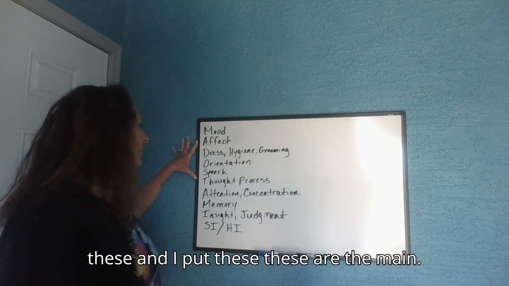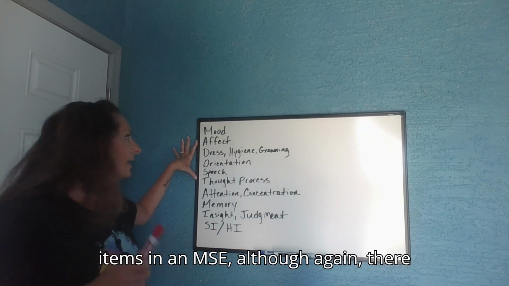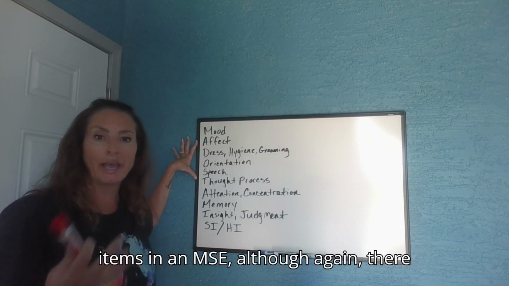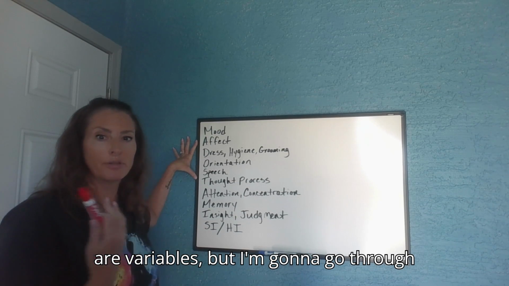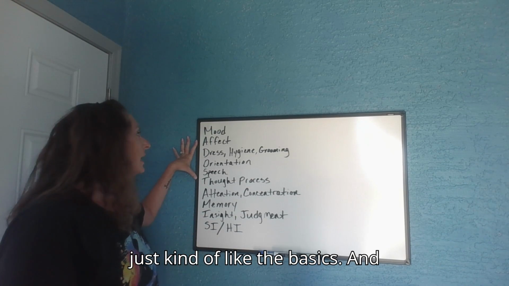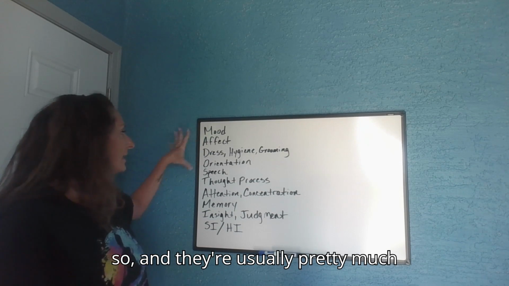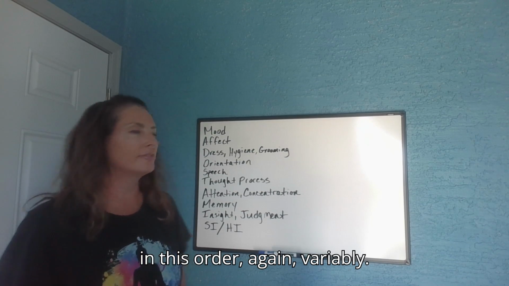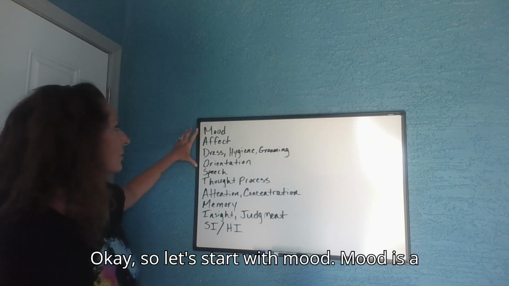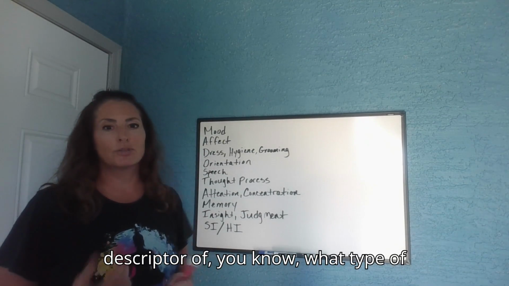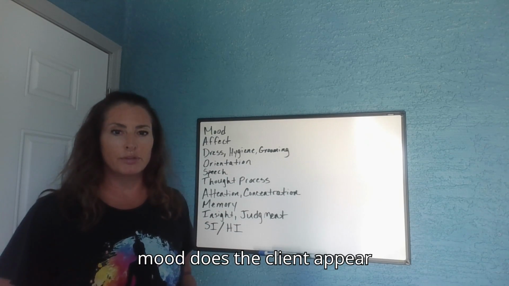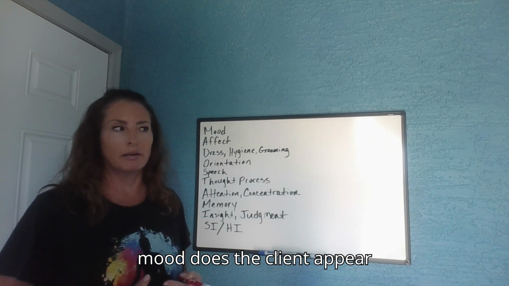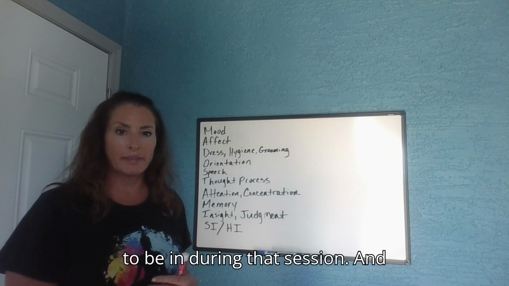I put these are the main items in an MSE, although again, there are variables, but I'm going to go through just the basics. And they're usually pretty much in this order, again, variably. Okay, so let's start with mood. Mood is a descriptor of what type of mood the client appears to be in during that session.